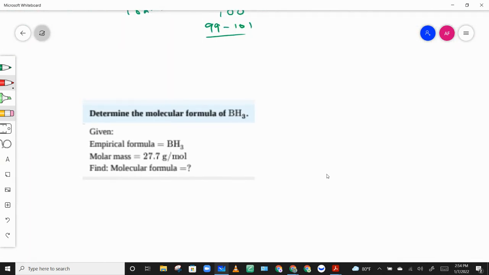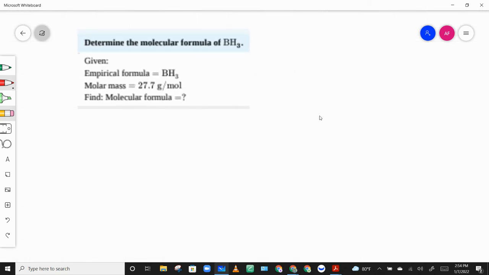The last one is, let's say we're given an empirical formula and a molar mass, and we want to know what the molecular formula is. The molecular formula is the actual formula of the substance. So we have to figure out whether the empirical formula is the same as the molecular formula.